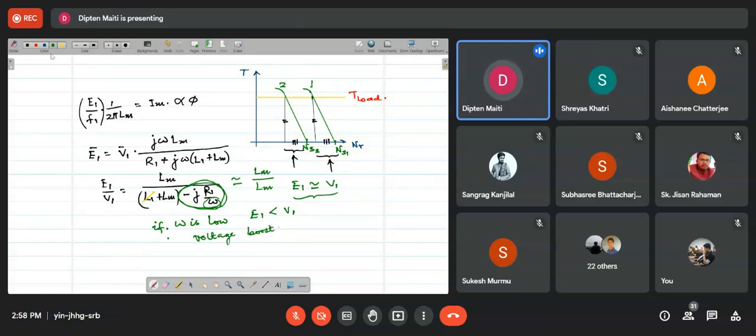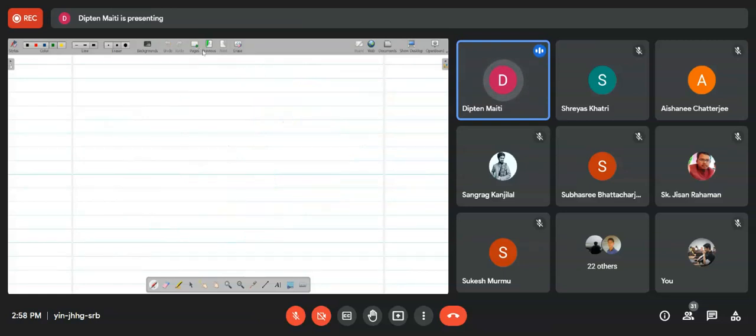So if we plot the required relationship, let's say this is the frequency axis, and this is the applied voltage V1.